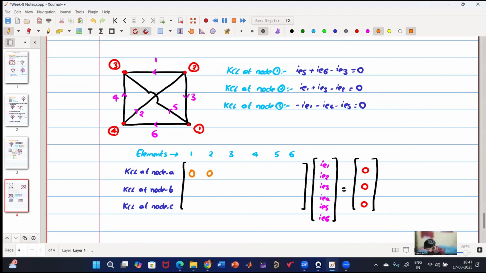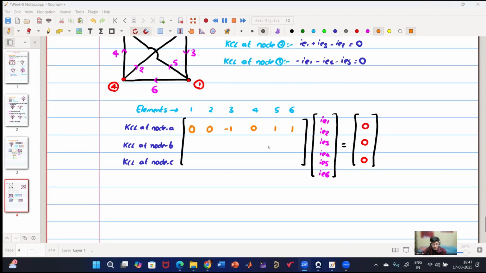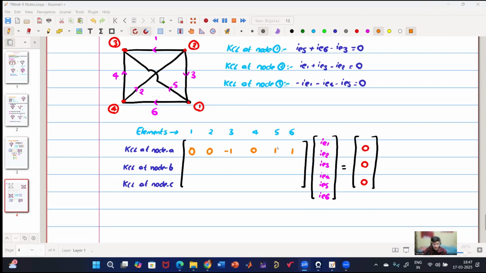IE3, minus 1. Okay. Then IE4, 0. Okay. IE5, 1. IE6, 1. Okay. Everyone agree? Others? Yes, sir. And maybe someone else can tell node B. So what will be the values? Like the row. IE1.